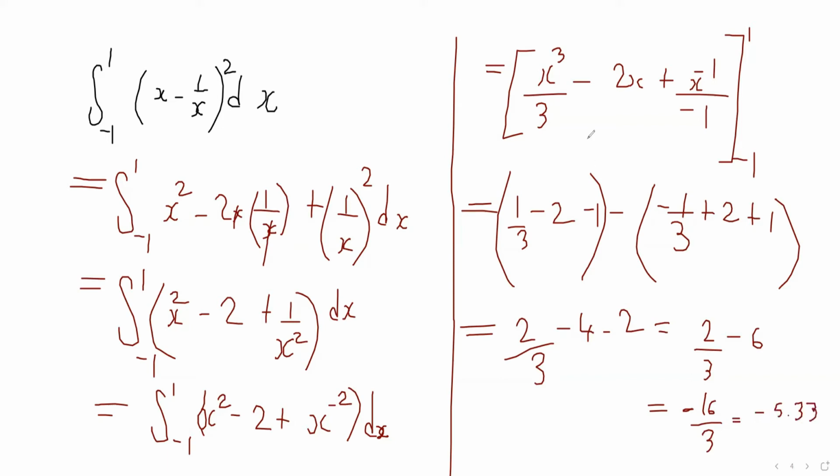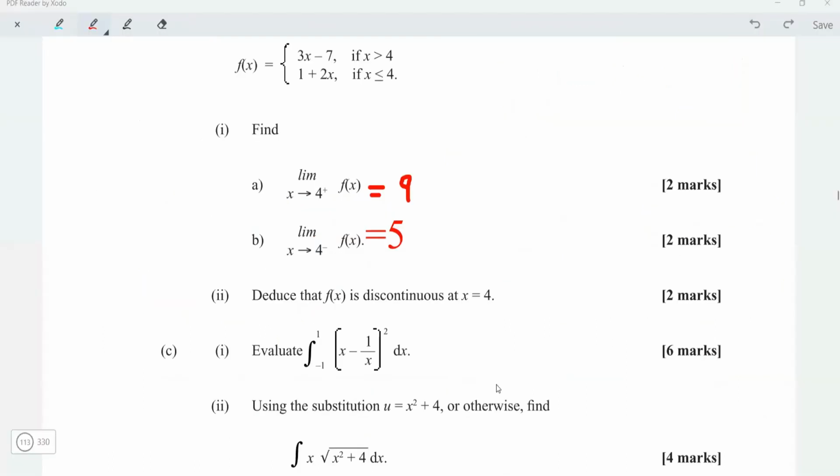Just to verify that I didn't make any calculation error, we're going to bring out the calculator and do it. We're going to integrate from minus 1 to 1 of, in brackets, x minus 1 over x, close the bracket, then square it.